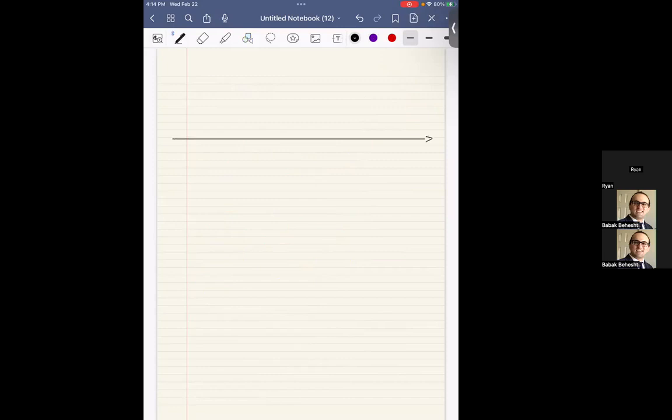Imagine that this is a function, and the limit at infinity, for example, is some number L. This is y equal to L. So you see here, when x goes to infinity, f of x becomes closer and closer to L. This is y equal to f of x.